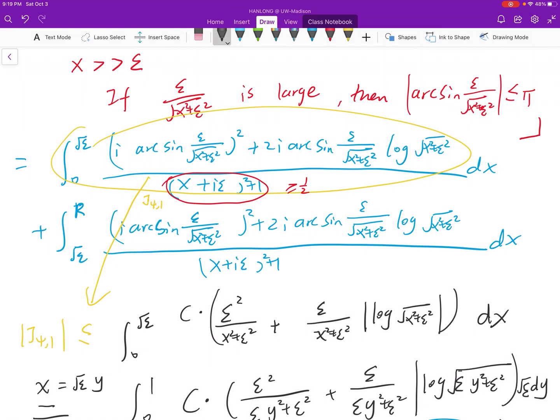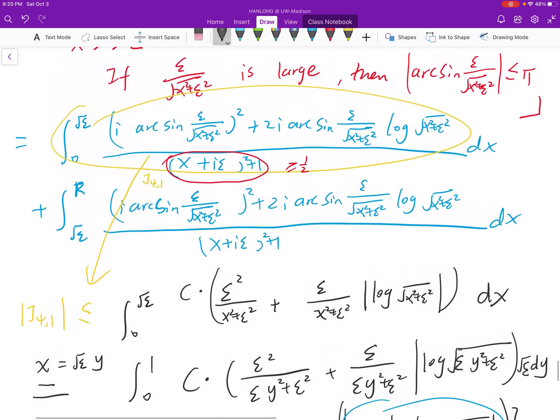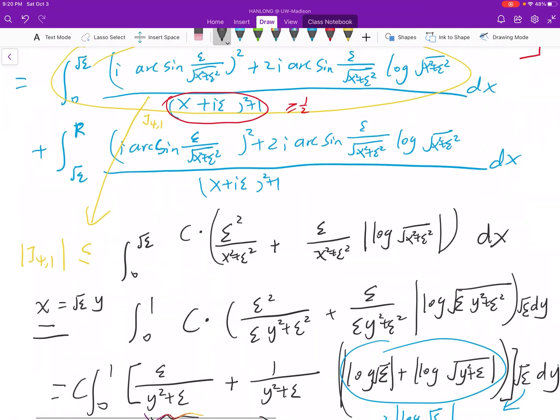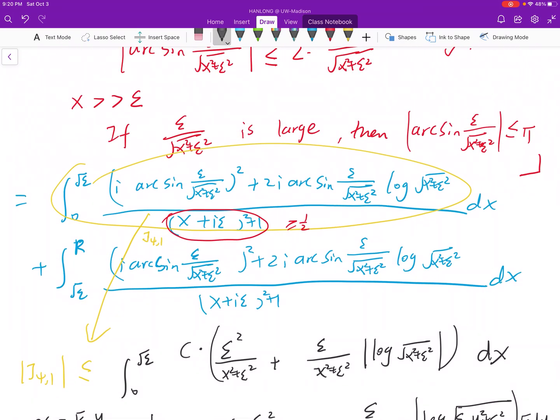So how to deal with this part? So first we need to understand where the problem is.